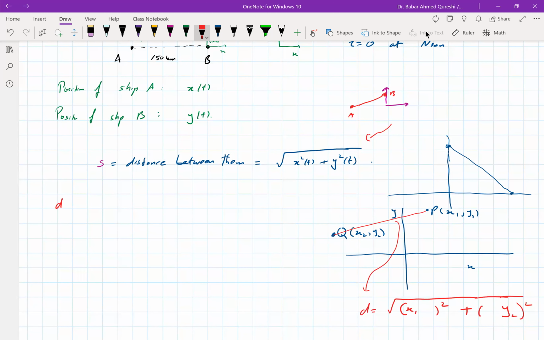So now I just want to know how the distance between them is changing. So I just compute the derivative with respect to time.